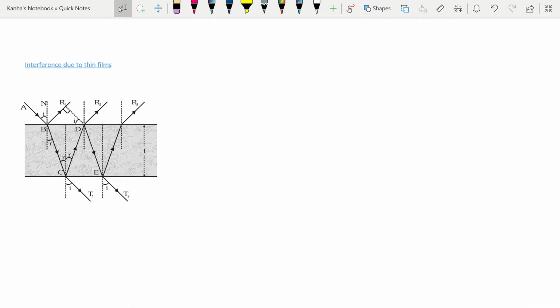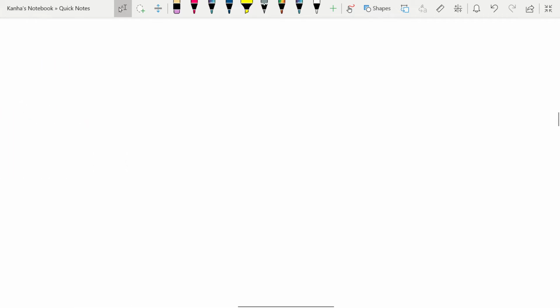Next, let's look at the interference due to thin films. Before jumping into the topic, I'll talk to you about some of the key points, which I'll note down here.